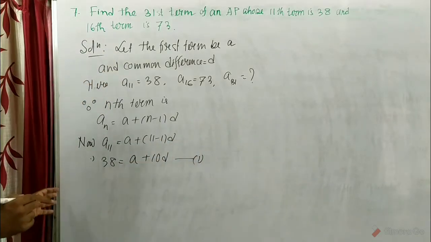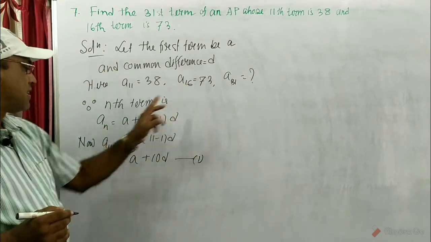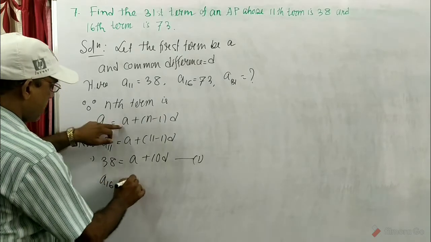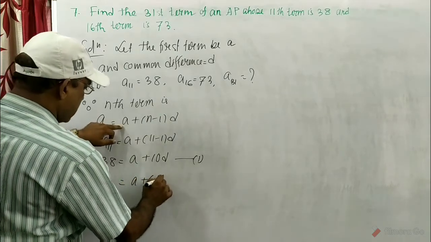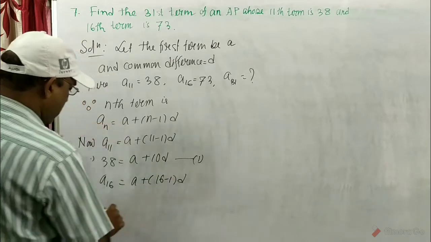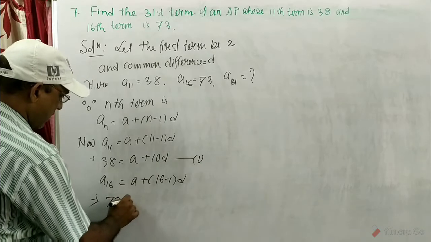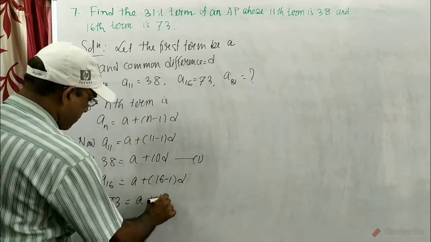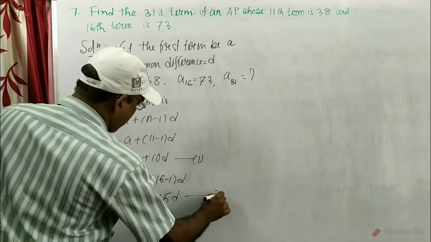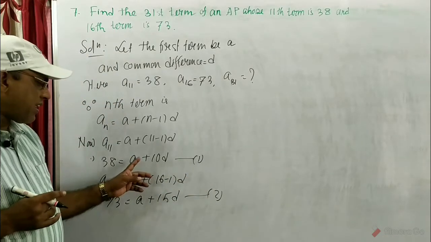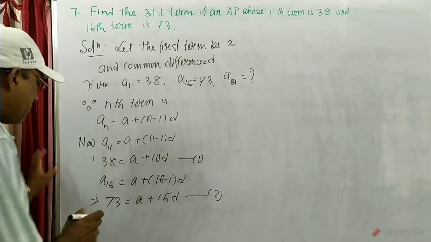Again a16 equals a plus (16 minus 1) into d. a16 is 73, so a plus 15d. This is number 2. Our aim is to find a and d, so we subtract these two.